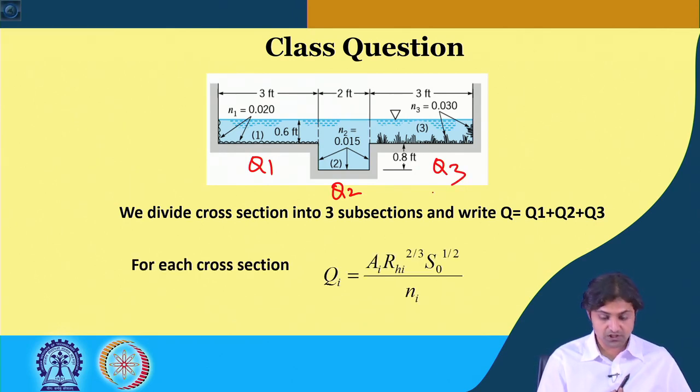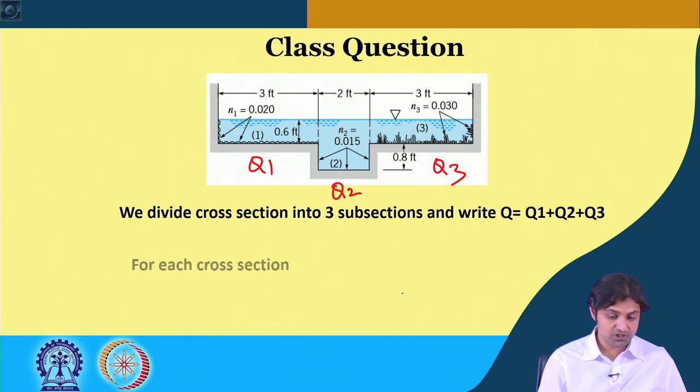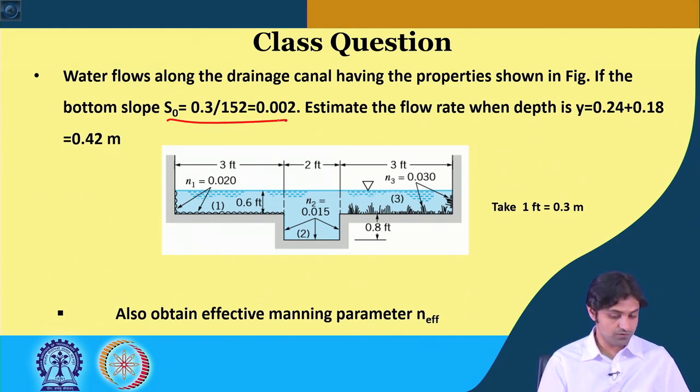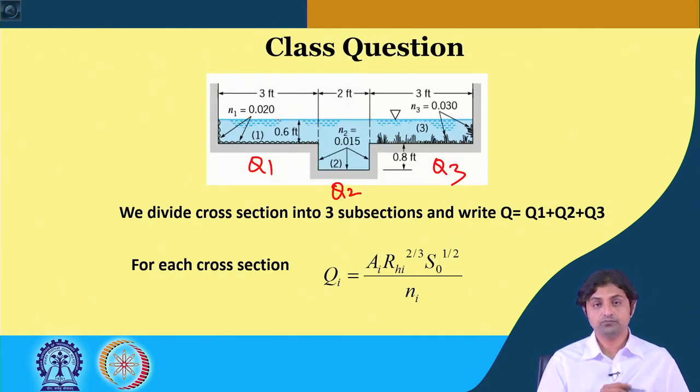For each section, Qi is going to be, using the Manning's formula, Ai into RHi to the power 2 by 3 into S naught to the power half, divided by Ni. S naught is common for all, that we have seen. S naught was given here as 0.002. All right. So, we find Q1, Q2 and Q3.